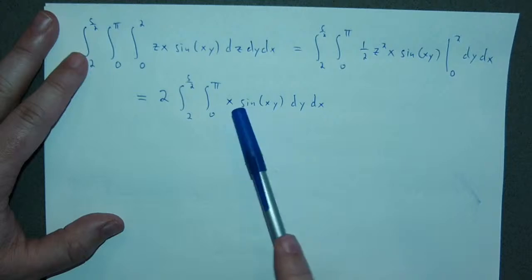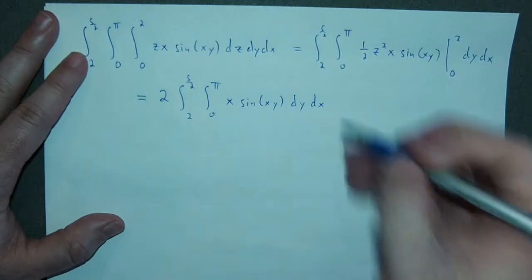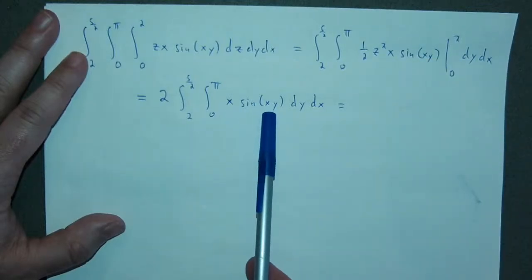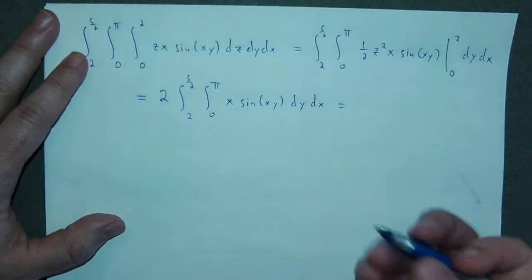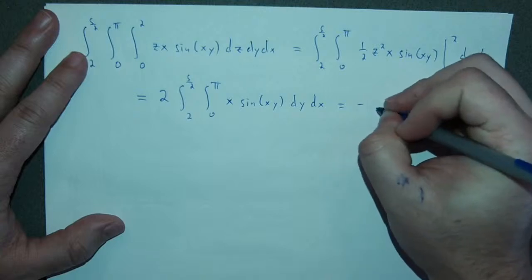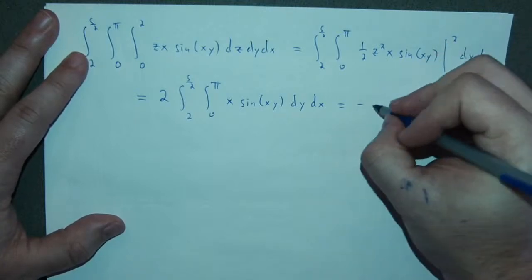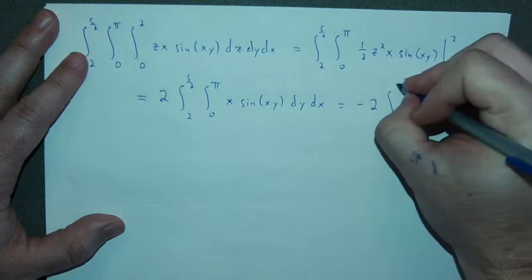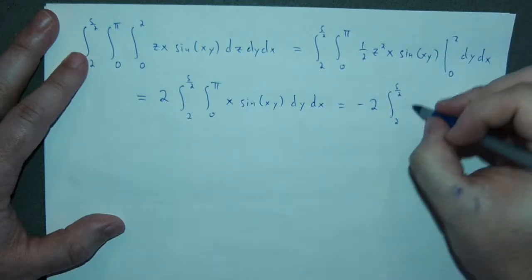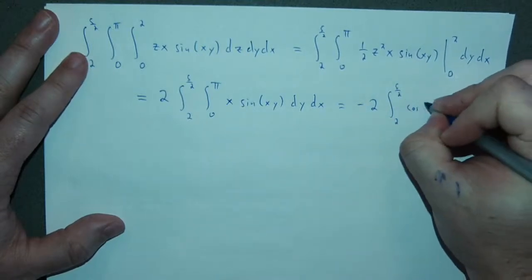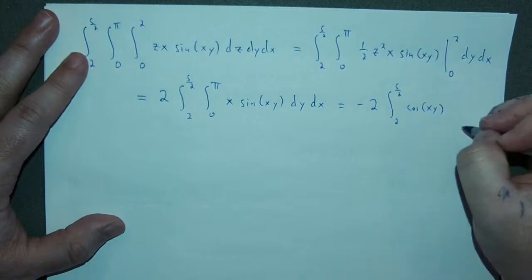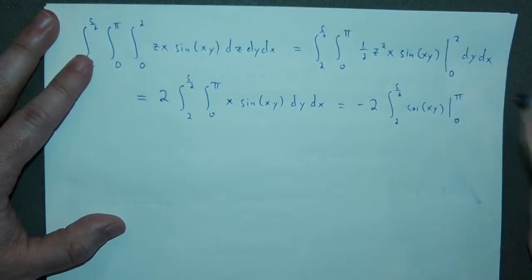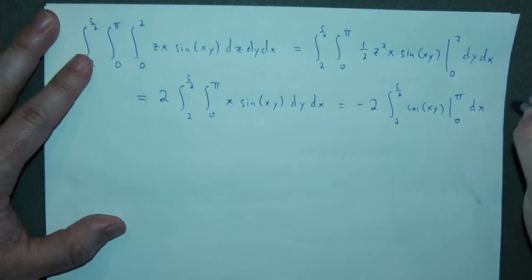And there it is, so I actually have this perfectly. So what's the integral of sine of blah? It's minus cosine. So this is minus 2 times the integral from 2 to 5/2 of cosine of xy evaluated from 0 to pi dx.